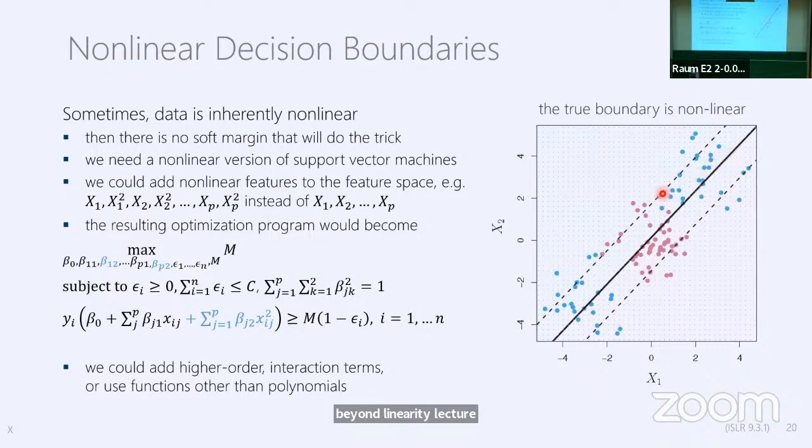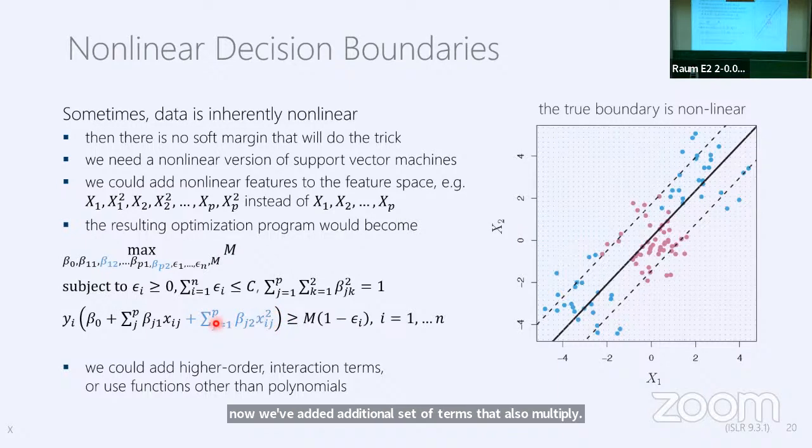How does the optimization problem look? Well, it's the same as before. Again, we're maximizing over B0, B1, and so on. But because we have added additional features, the x1 squared, x2 squared, xp squared, and so on, each of these gets its own coefficient. Before we had B0 plus all these terms that multiply xi directly. Now we've added an additional set of terms that multiply xi squared.